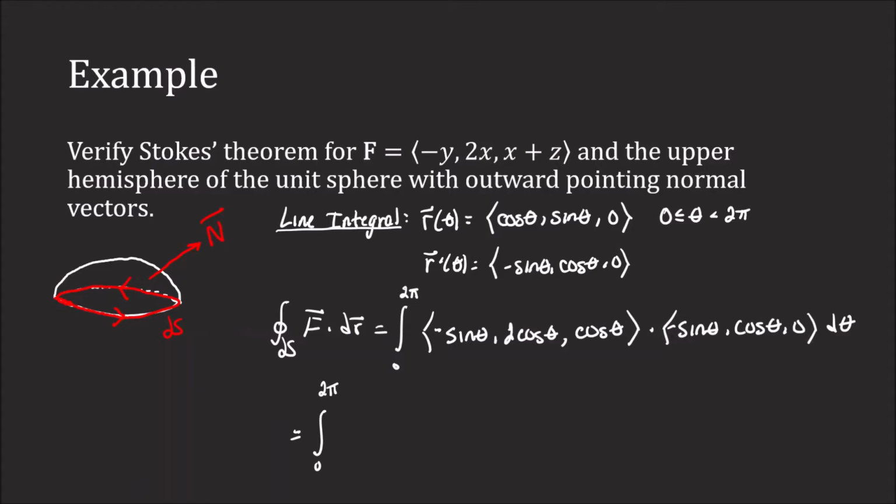This is the integral from 0 to 2 pi of sine squared theta plus 2 cosine squared theta d theta. If we rewrite sine squared theta as 1 minus cosine squared theta, we'll be left with 1 plus cosine squared theta d theta.